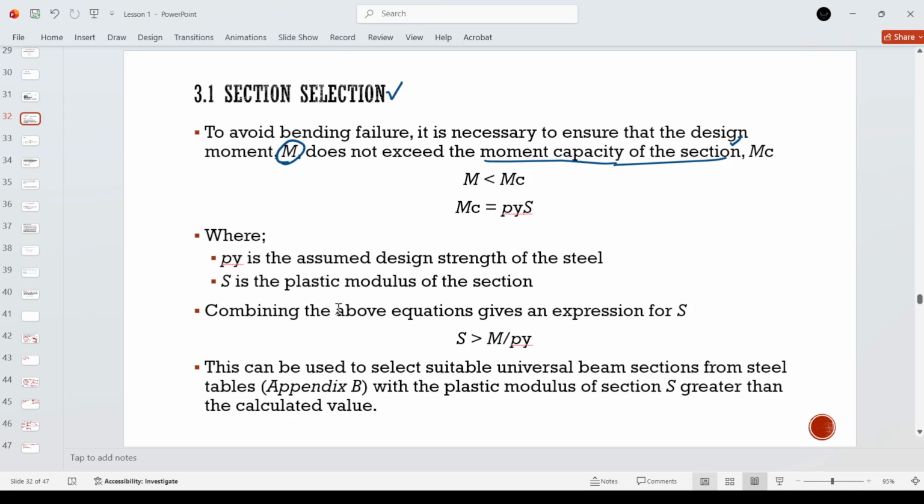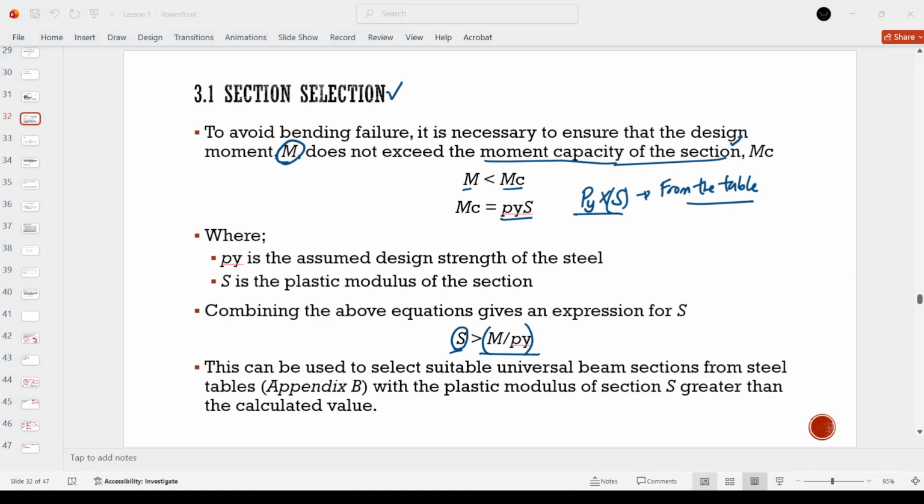Okay, so M should be less than MC, and we said MC is given by design strength multiplied by the plastic modulus S. Plastic modulus is obtained from the table, which we are going to see right now. If we combine these equations, S should be less than M over PY. Okay, so we select an S that is less than M over PY.